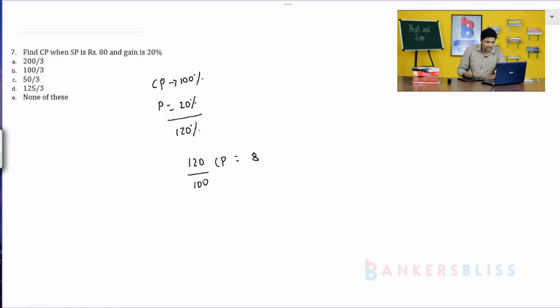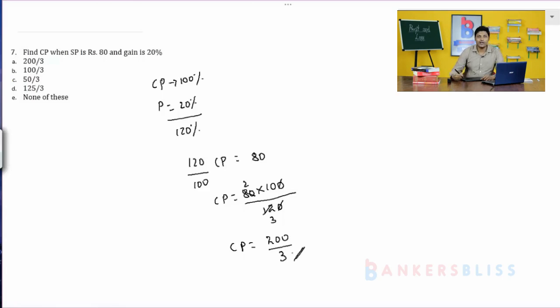The selling price is 80. So cost price is equal to 80 into 100 by 120. 4 3s are 12, 4 2s are 8. So cost price is equal to 200 by 3. Option A is the right answer.